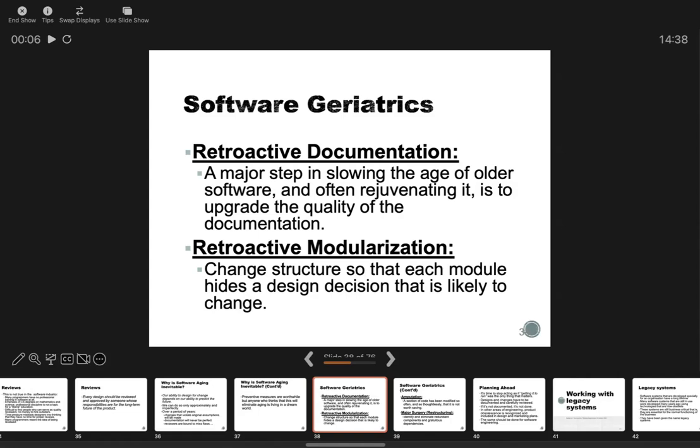The major step for understanding software health and restricting software aging is slowing the aging of older software, often reviving it and upgrading the quality of the documentation. And we can even change the structure so that each module hides a design decision that is likely to change.